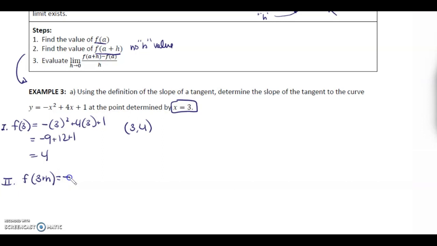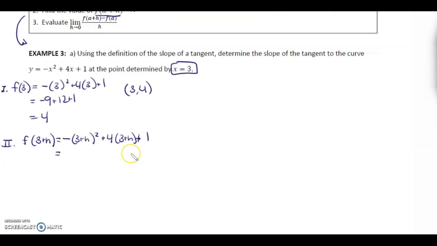So negative (3 plus h) squared plus 4 times (3 plus h) plus 1. We're going to expand this and get an expression with h's in it. So essentially (3 plus h) squared, if we want to write it out, is (3 plus h) times (3 plus h).